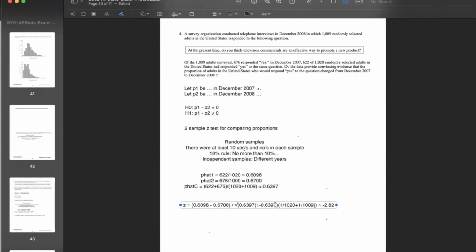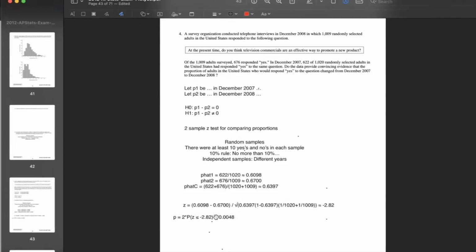All right, and now we obtain a p-value. The p-value would be 2 times the probability that a z-statistic is less than or equal to negative 2.82. You can determine this on your calculator to get that it is approximately 0.0048.